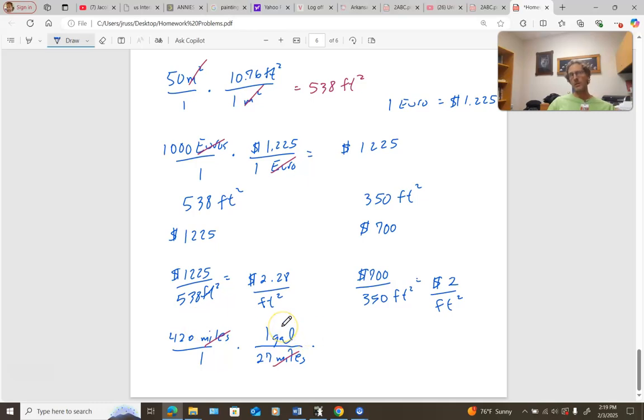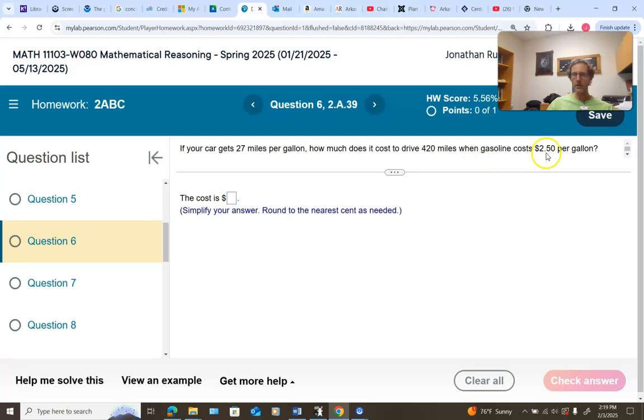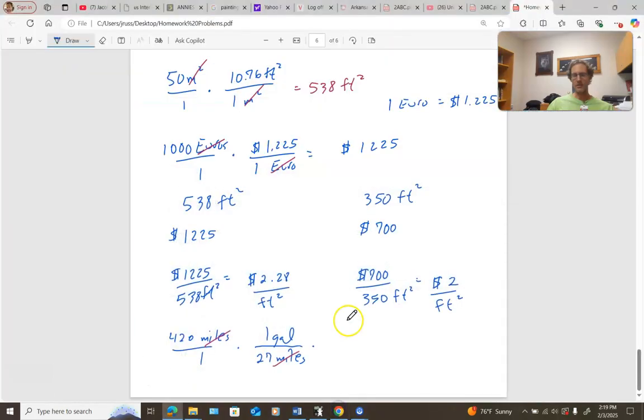So my last step is I need to figure out how much that number of gallons is going to cost me. So here I'll look back. This says that each gallon is equal to $2.50. So that essentially is my last conversion factor. And I want to keep the gallons on bottom. So 1 gallon is $2.50.